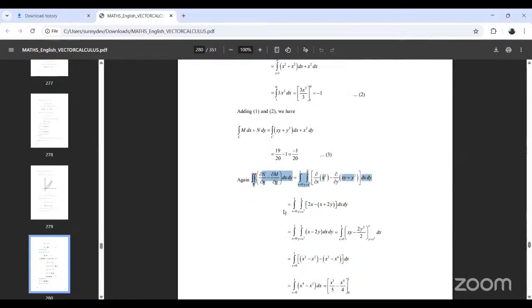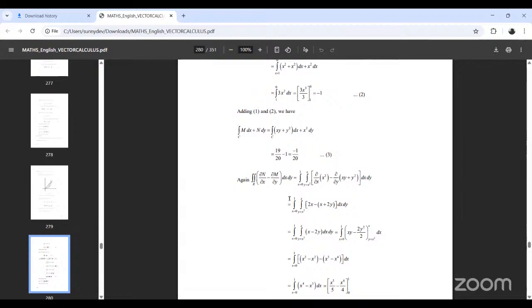Now let's see the RHS part. Double integral of dou m by dou x minus dou m by dou y dx dy, and y is changing from x square to x. Sorry, x square is the lower limit and x is the upper limit, and x values change from 0 to 1.